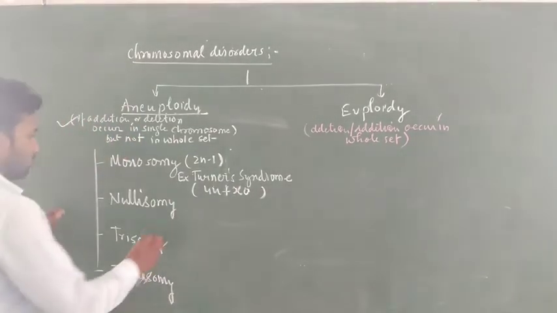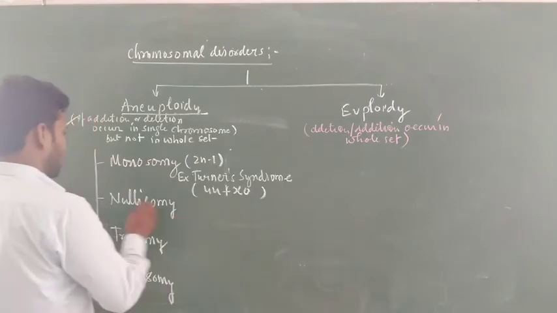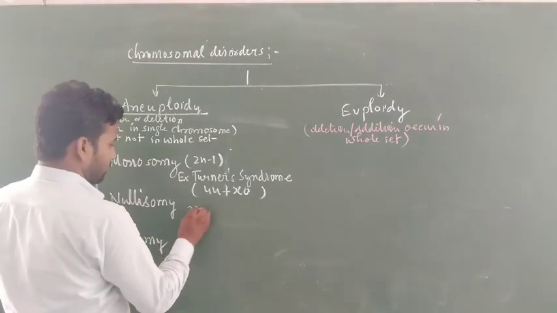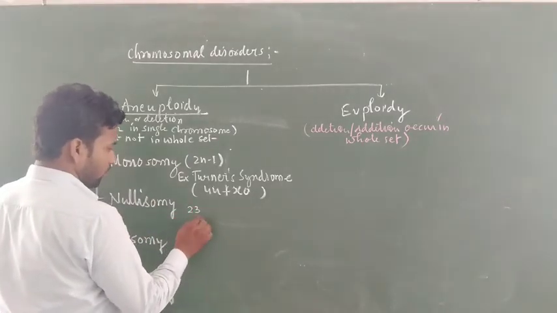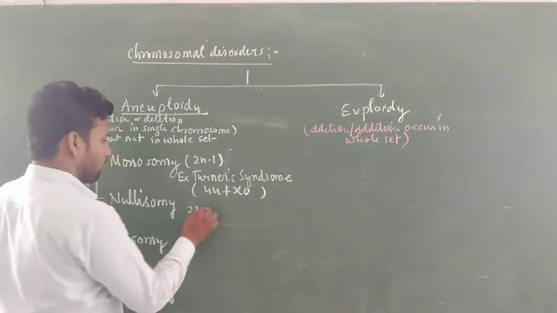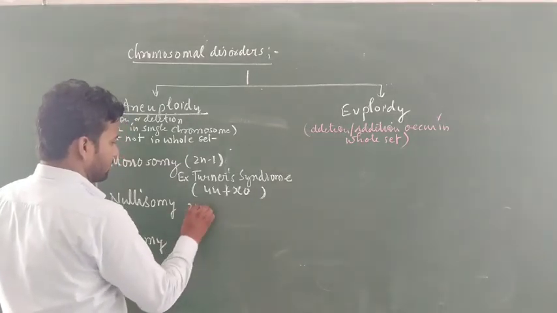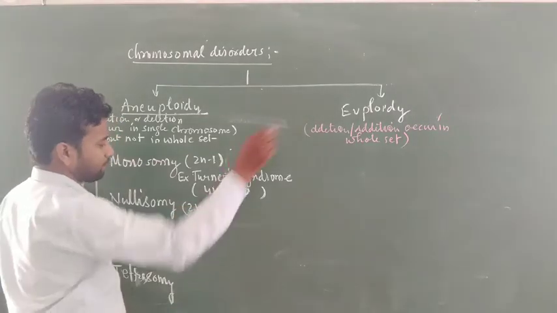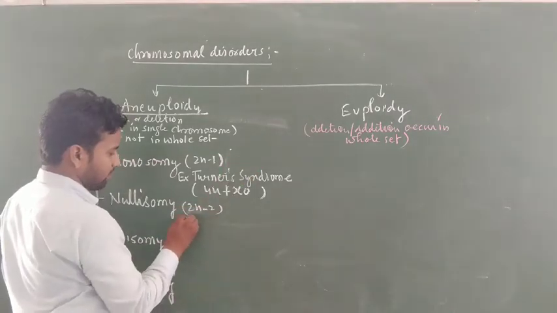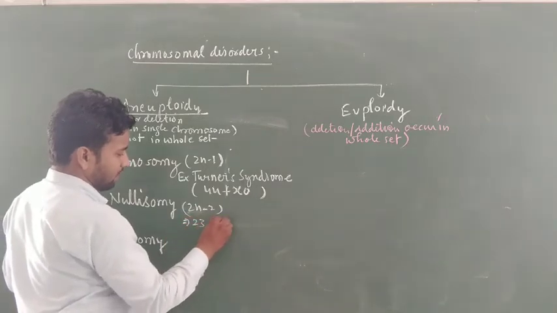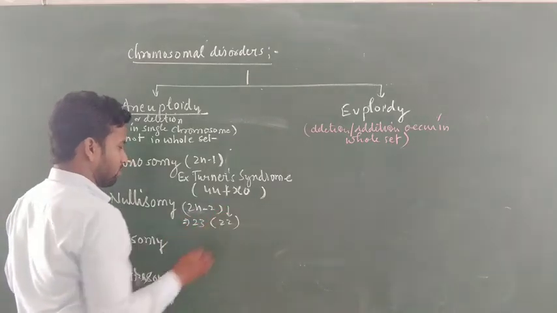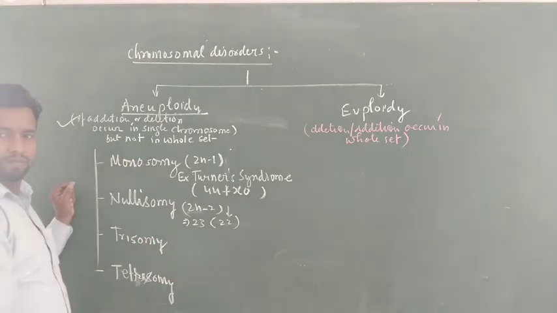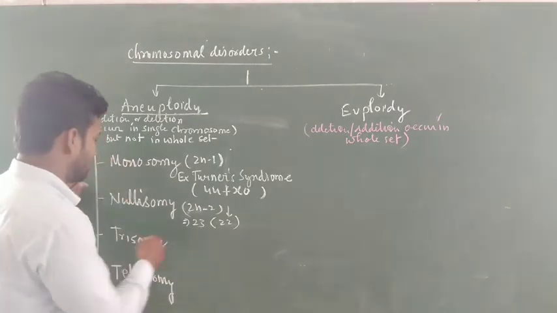But in nullisomy, suppose an organism has 23 pairs of chromosomes, out of which one pair is deleted. It is represented by 2n minus 2. It means the whole pair of chromosomes gets deleted in nullisomy.